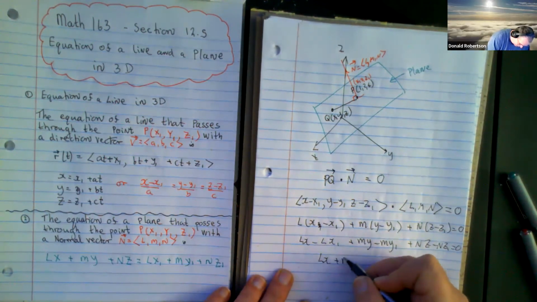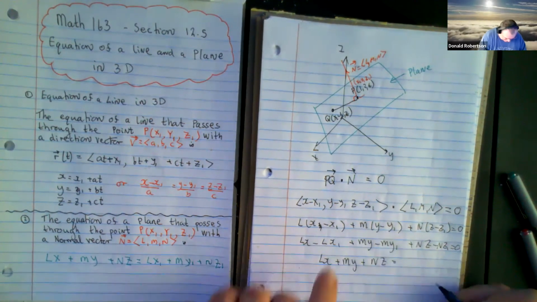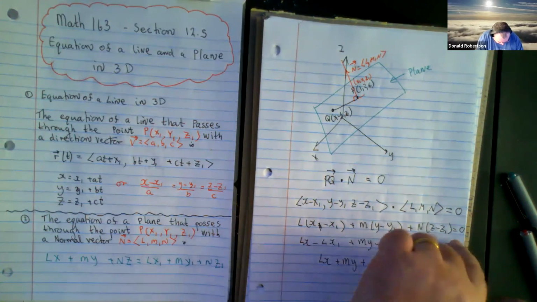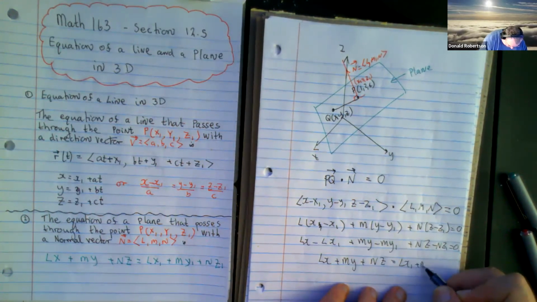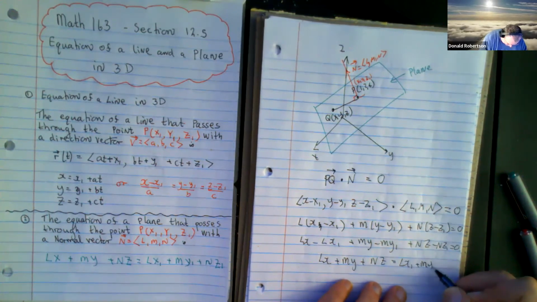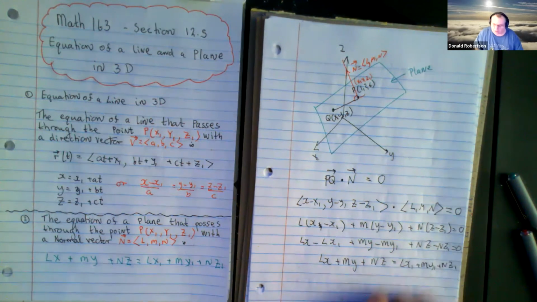And if you leave these three guys on this side, but add that one, and add that one, there's that equation.